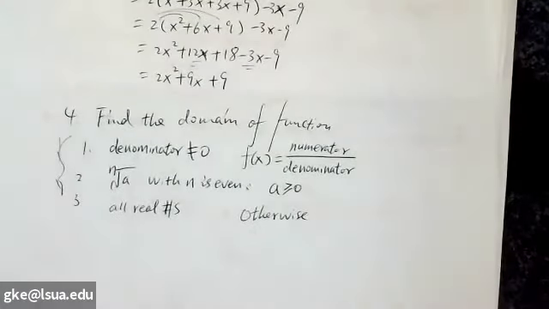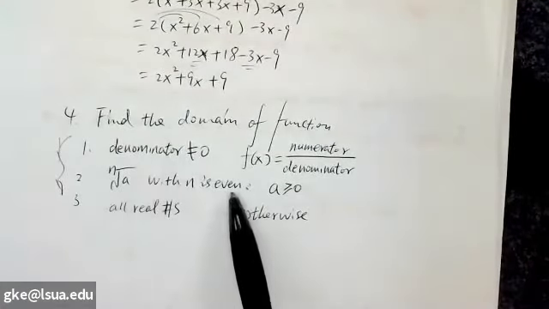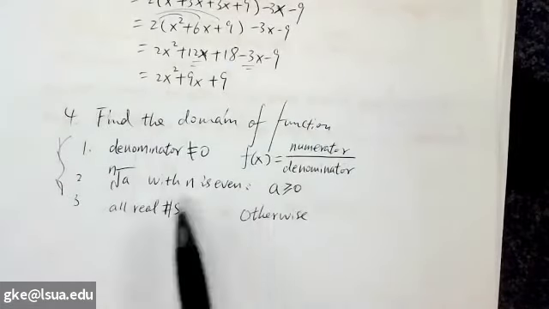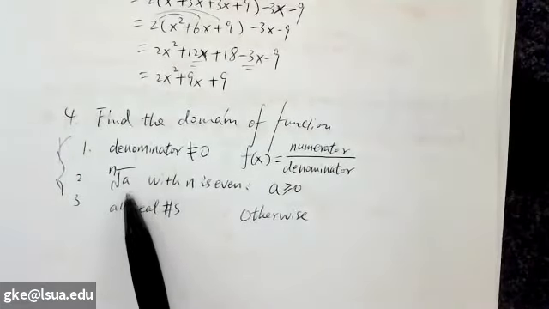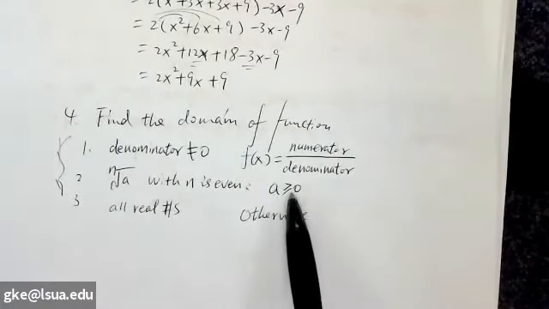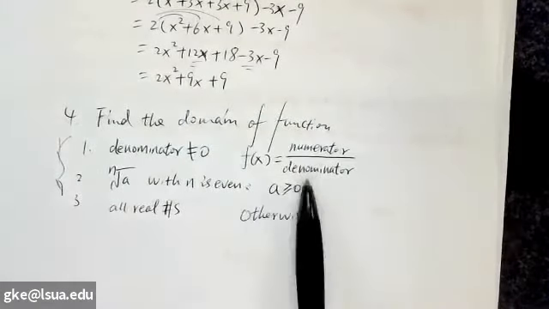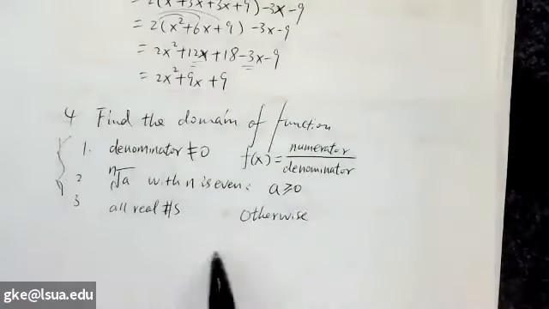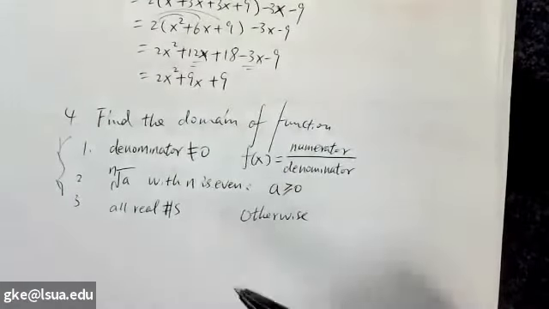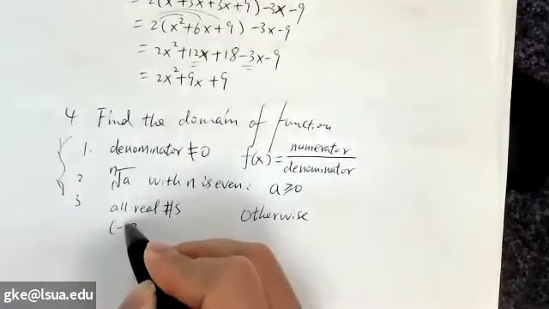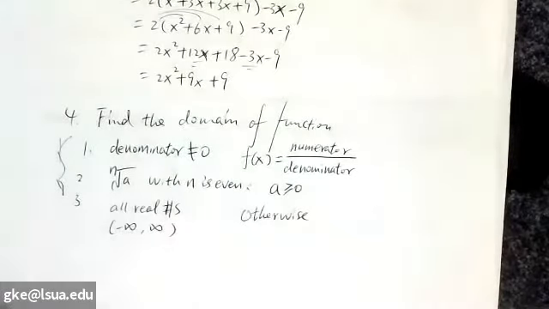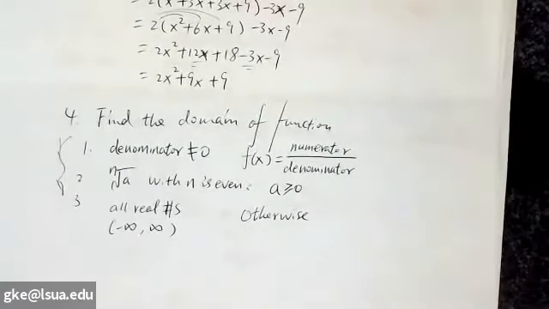Or we have an nth root and n is even. Then everything inside the root is going to be greater than or equal to 0. Otherwise, it's going to be all real numbers. You can write that in interval format as negative infinity to infinity for all real numbers. Okay.